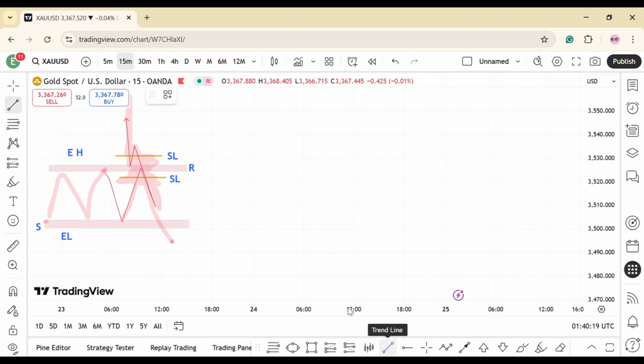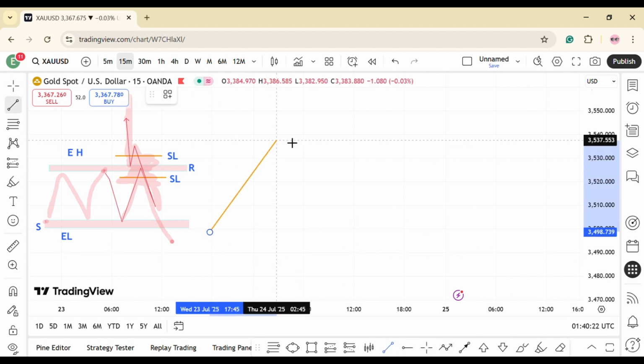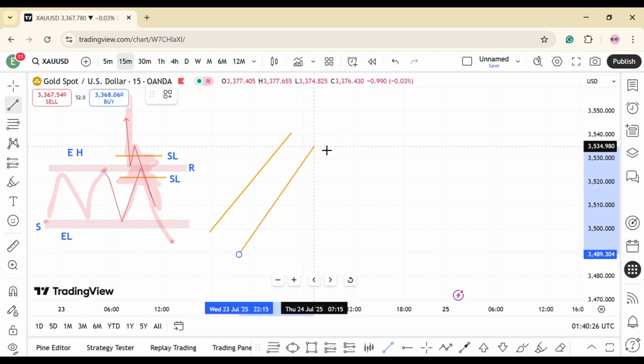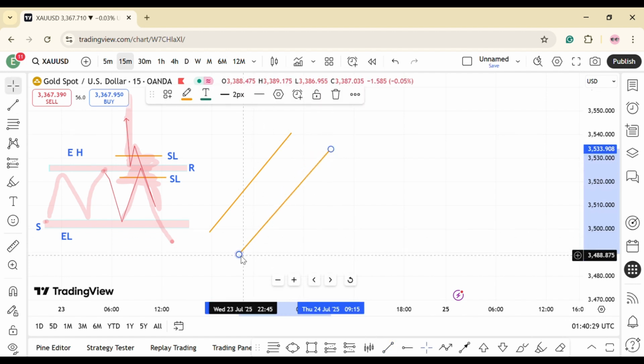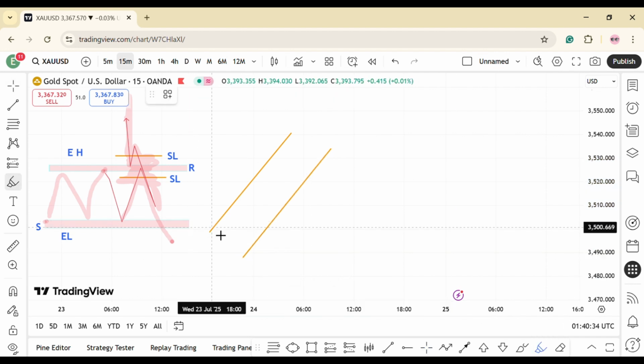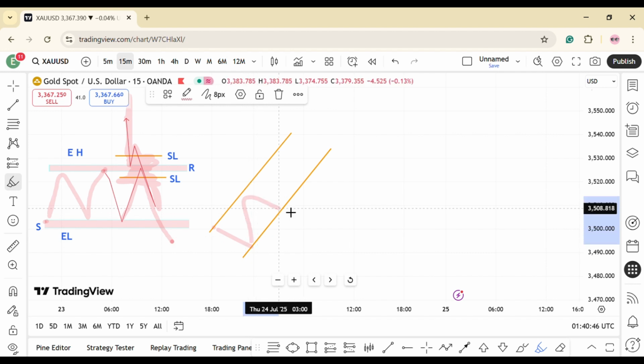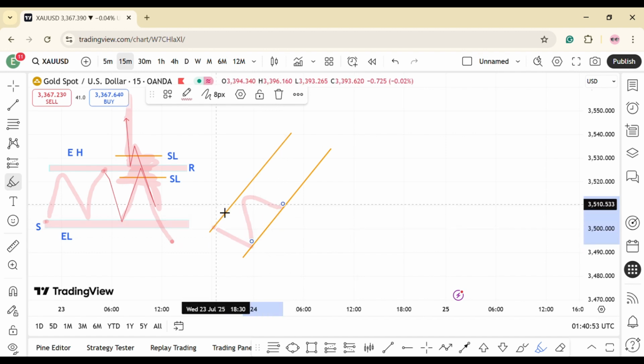Now let's do that of sideways. This is it. When market is trending to the upside, we have two equal lows here and two equal highs here.